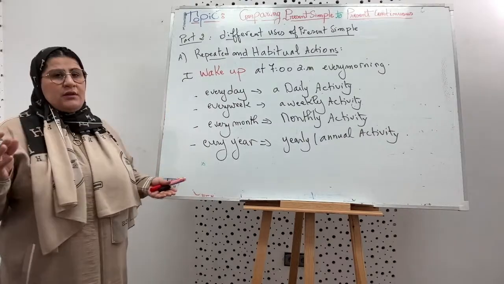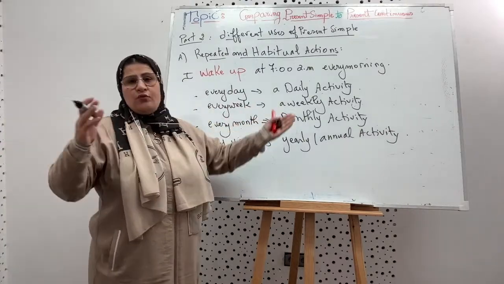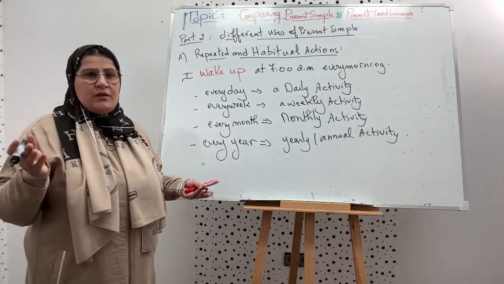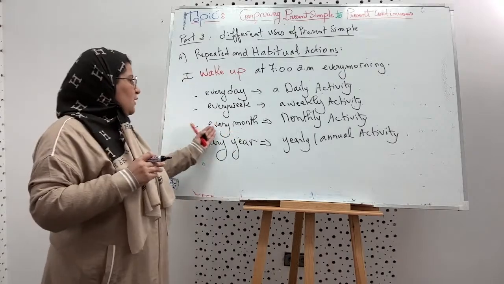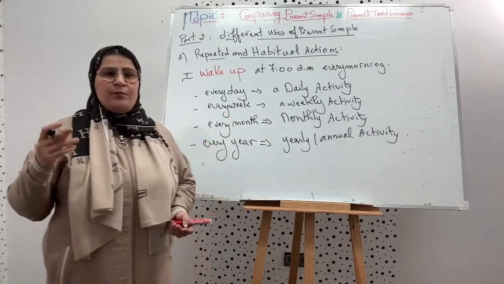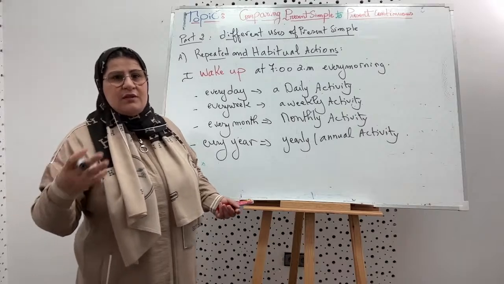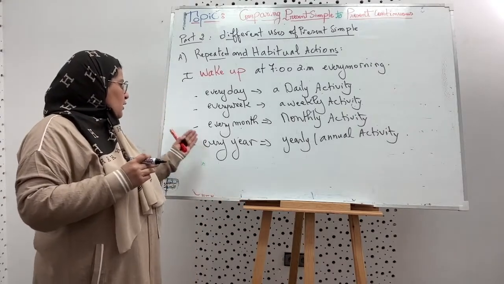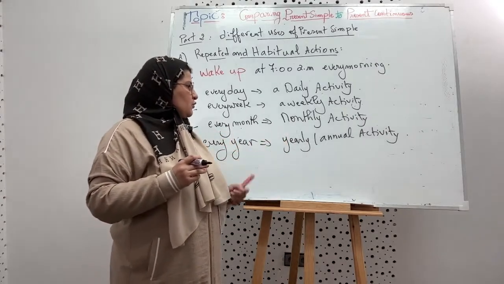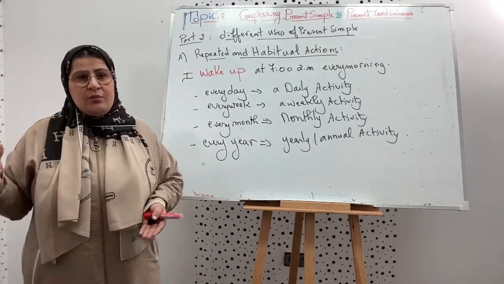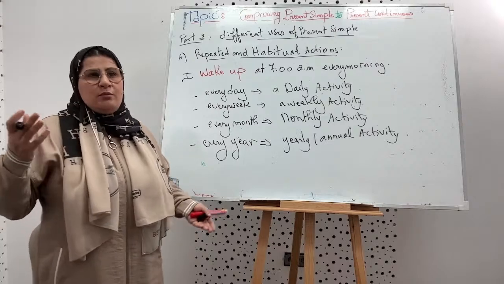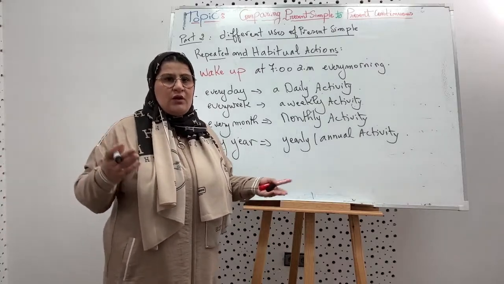We can talk about an activity that we do every week. For example, I visit my grandparents at weekends, or an activity that happens every month, for example, I pay my school fees every month. Also, every year, when we talk about yearly or annual activities, for example, we say I spend my summer holiday in Marrakesh every summer or every year.